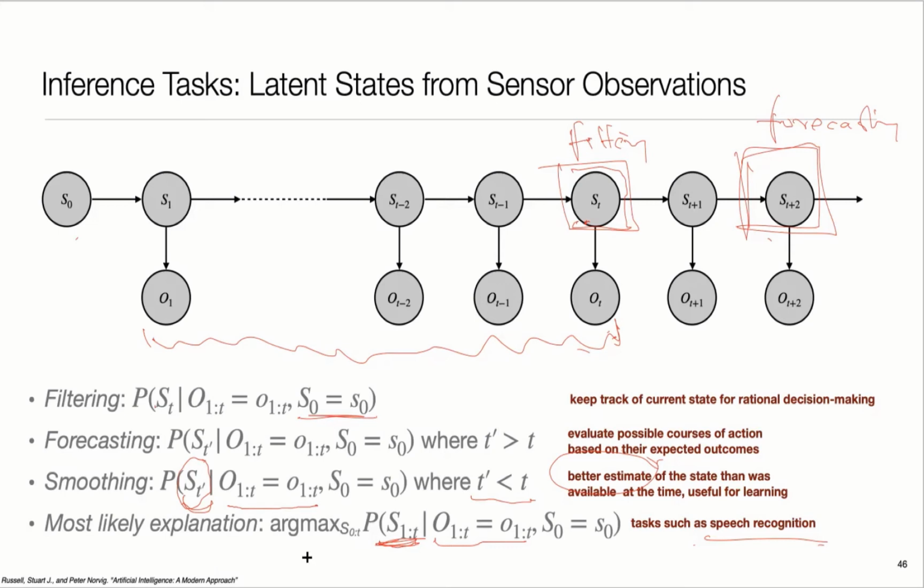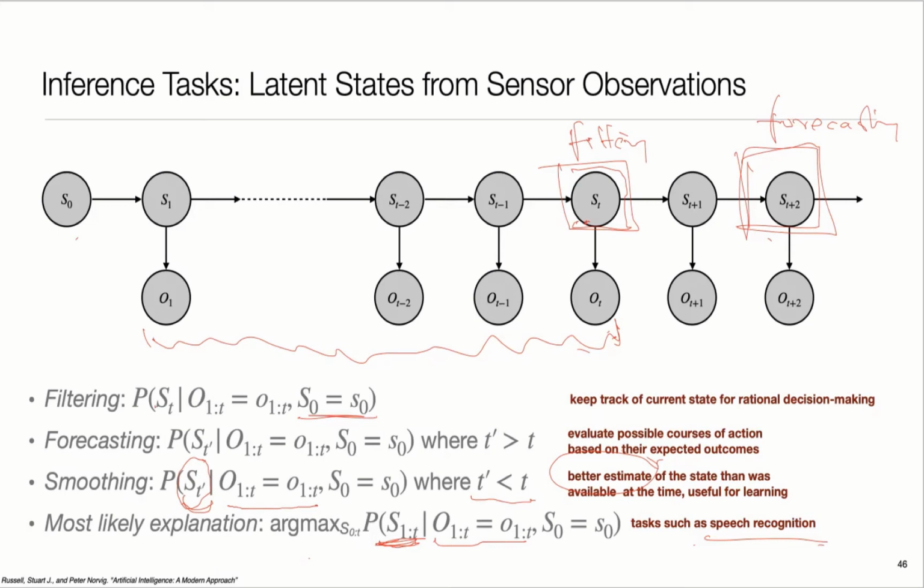Okay, let me ask you the following. Let's say I give you observations from time step 1 through 10. And I am asking you what was the most likely sequence for S1 through S10.